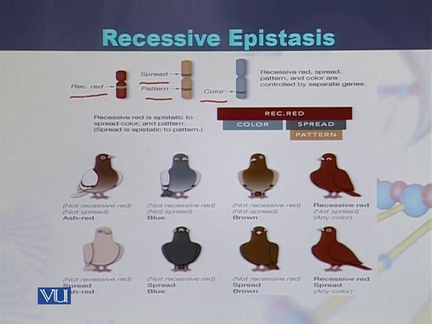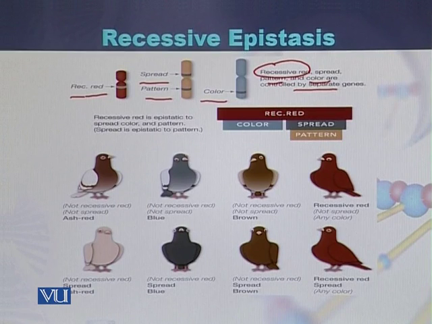Here we can see that the gene for recessive red, the gene for spread, the gene for pattern and the gene for color are controlled by separate genes. So it means there are 4 different genes. One gene controls the recessive red color, the second gene controls the spread, the third gene controls the pattern, while the fourth gene controls the color. These 4 genes are present on different chromosomes.